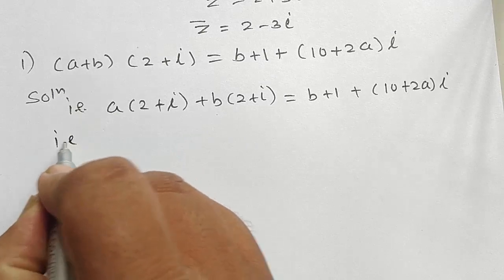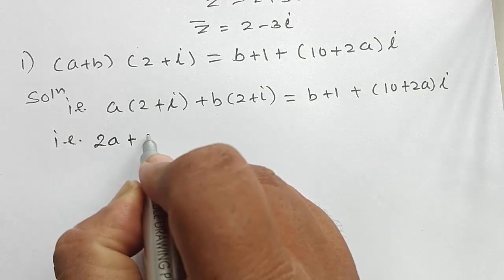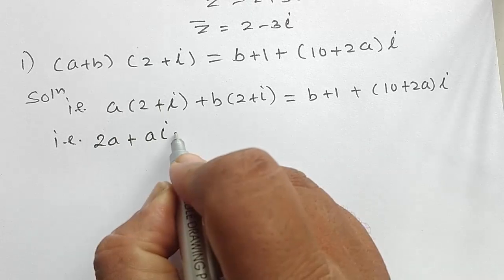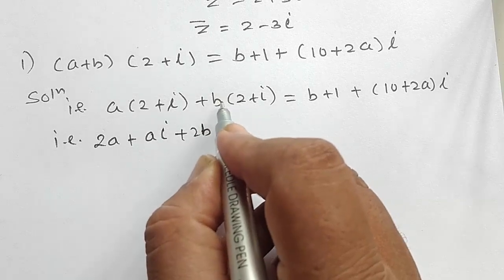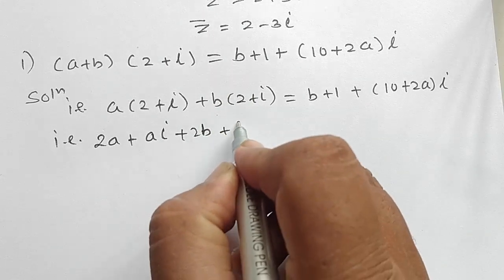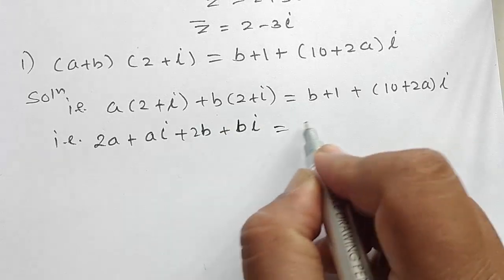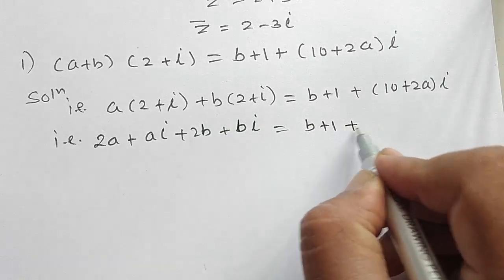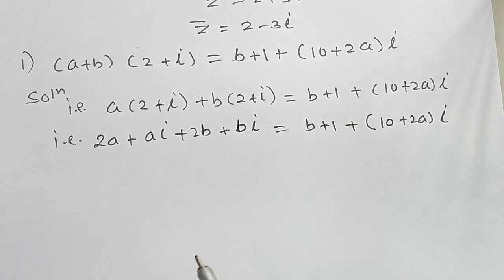That is, we multiply a inside the bracket: twice a plus a into i, plus 2 into b, we multiply b inside the bracket, b into i, is equal to (b plus 1) plus (10 plus twice a) into i.